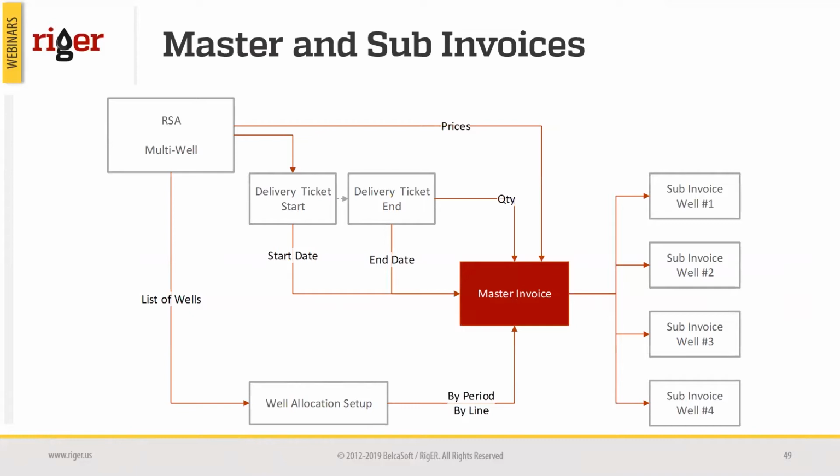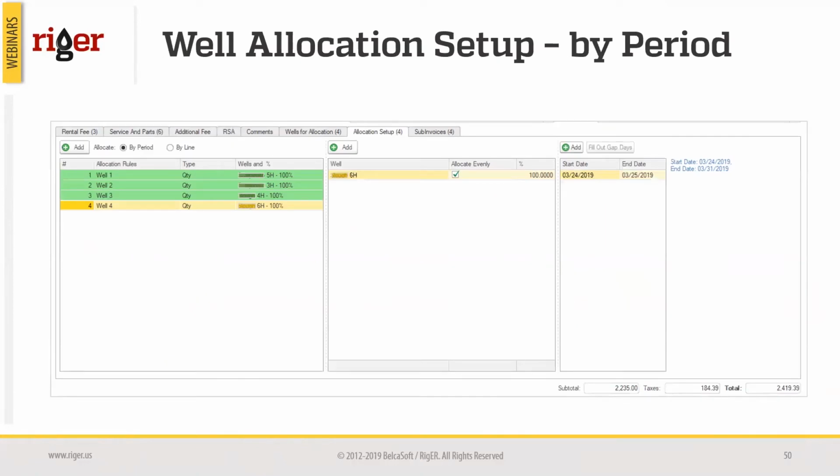And for by period, we set up the well allocation. We select what kind of rule we will use, and in this case, we selected rule number 4, and it will allocate the amount by quantity. We have 2 types, by quantity and by price. And for example, here we have well number 6H.